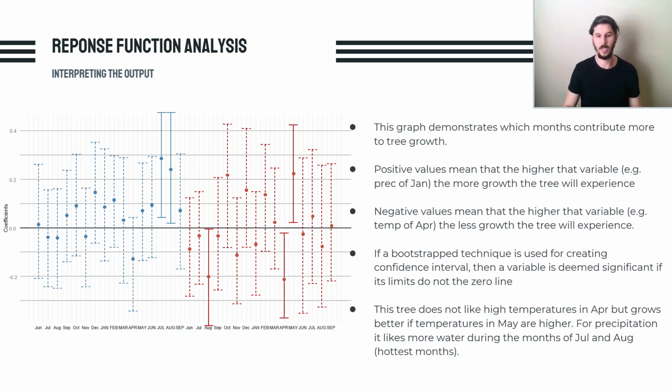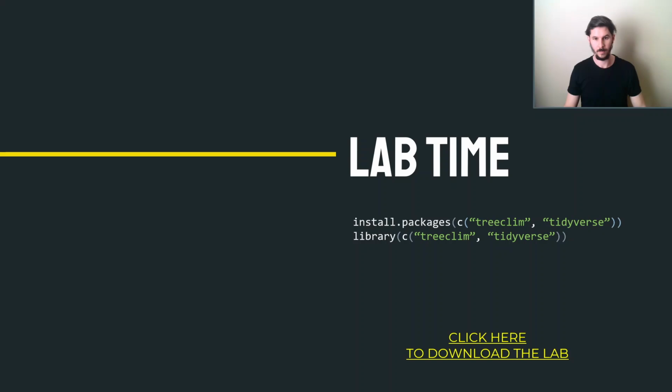So that's a good indication as well, right? So this tree does not like high temperatures in April, as you can see here, but it grows better if temperatures in May are higher, right? Those are good insights and help you even predict how a species, for example, will do in future climates as well. So now we can move to our lab.